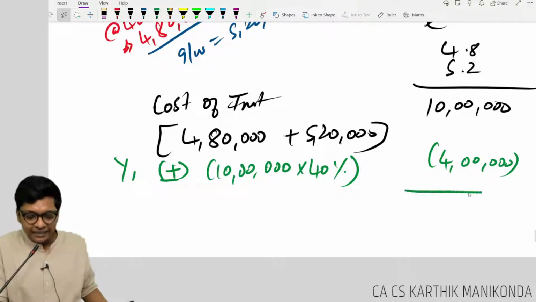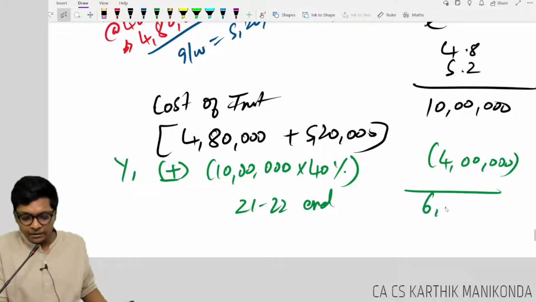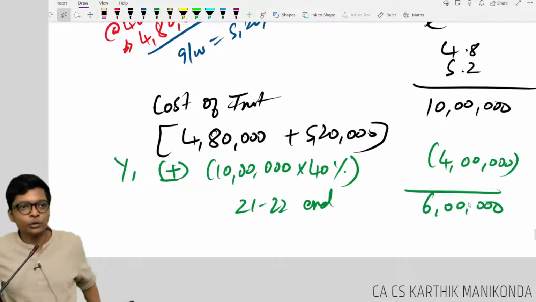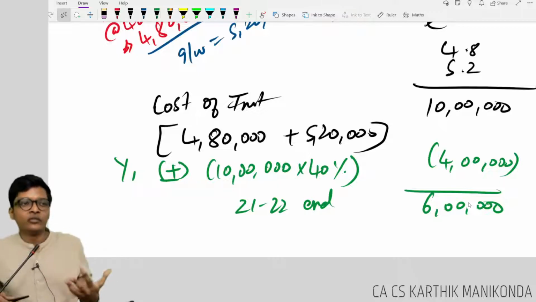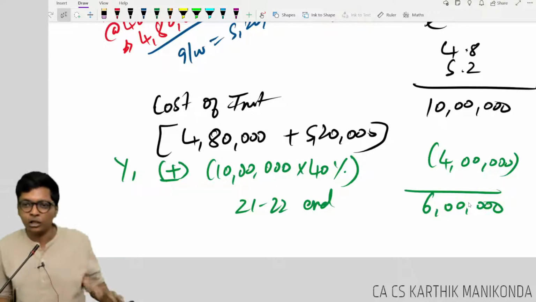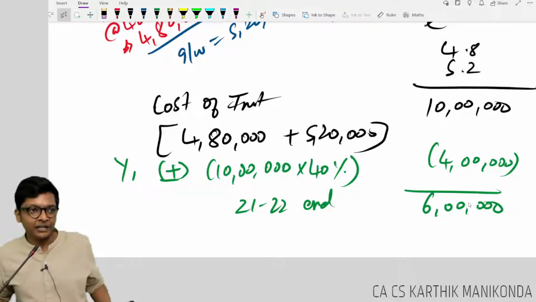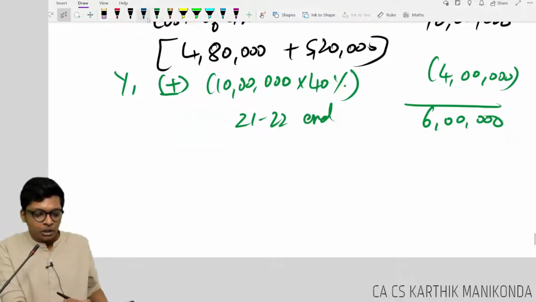So year 1 end, 21-22 end, it becomes 6 lakhs. Are you guys following? The loss will of course first adjust with what? Goodwill or net assets? Goodwill. That's always default, guys. Adjust the loss with goodwill, then only you will go to balance. This is year 2 value. Year 1.